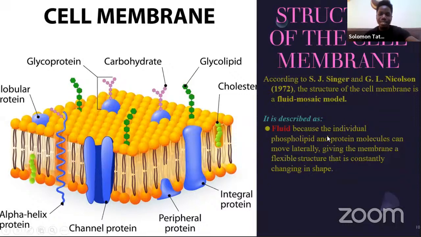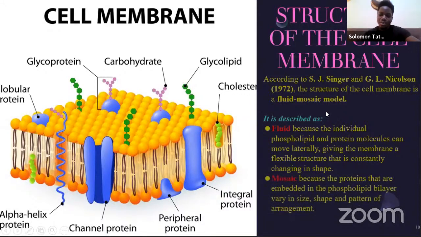This is exactly what you've said. And why is it mosaic? It's because the proteins embedded in the phospholipid bilayer vary in size, shape, pattern, and arrangement. That difference makes it mosaic, and that's why we call it a fluid mosaic model.